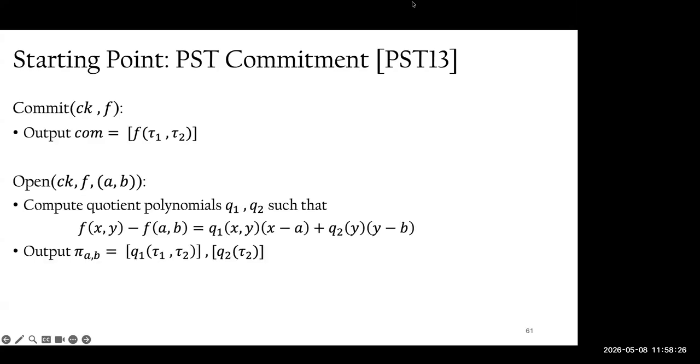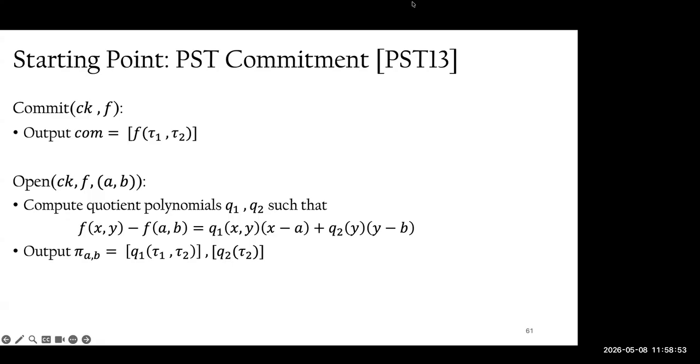The main thing here is to open this commitment at a point a comma b. What we do is compute quotient polynomials q1, q2 such that f of x comma y minus f of a comma b is equal to q1 of x comma y times x minus a plus q2 times y minus b. This is just an algebra thing: we know that q1, q2 exist for any f, and these q1, q2 act as the opening proof.